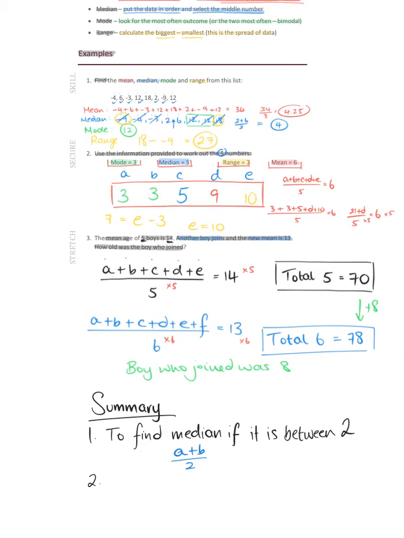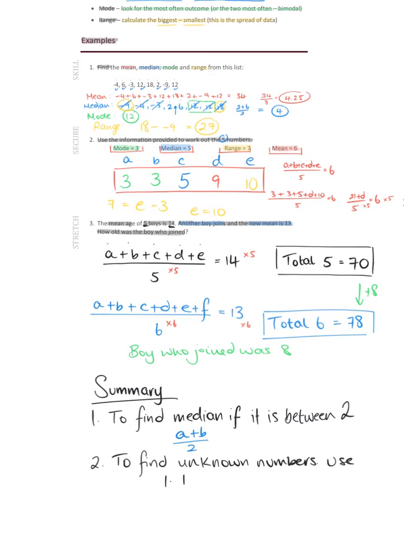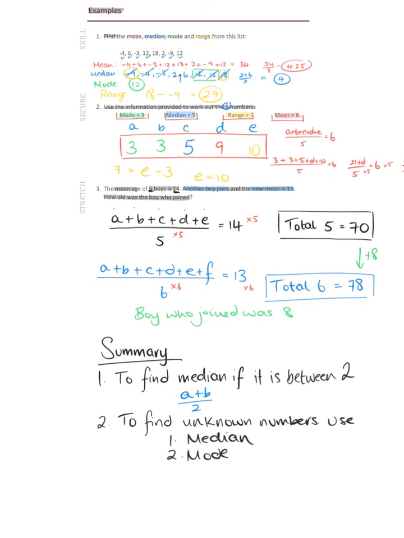Okay, section 2, to find unknown numbers, use first the median, second the mode, third the range, and fourth the mean.